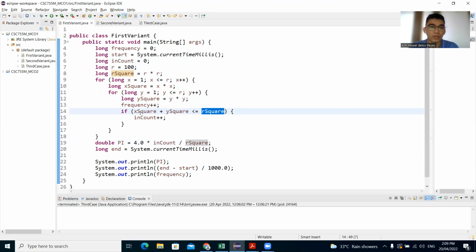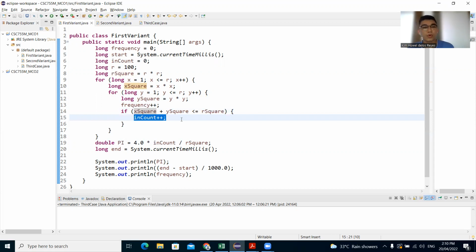If that's the case, we increment the count. So that point is said to be inside the circle or the shaded region. And everything greater than r squared is outside the shaded region.